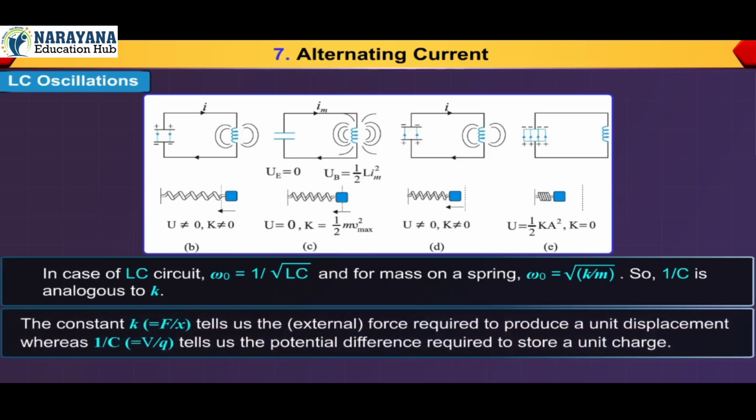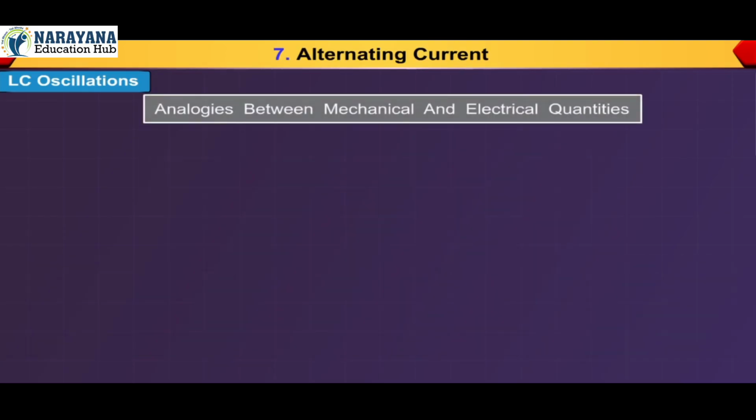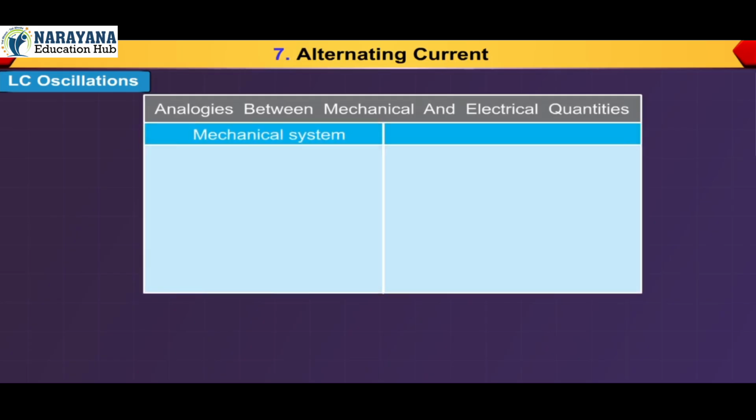The constant k = F/x tells us the external force required to produce a unit displacement, whereas 1/C = V/q tells us the potential difference required to store a unit charge. Analogies between mechanical and electrical quantities. Mechanical system, electrical system.